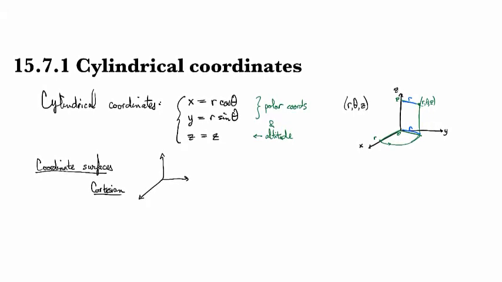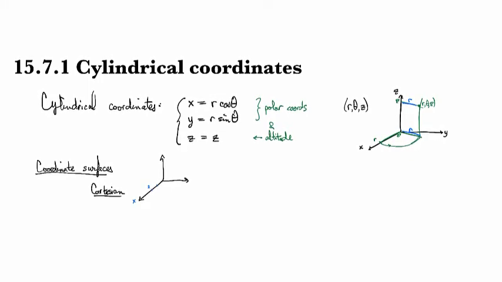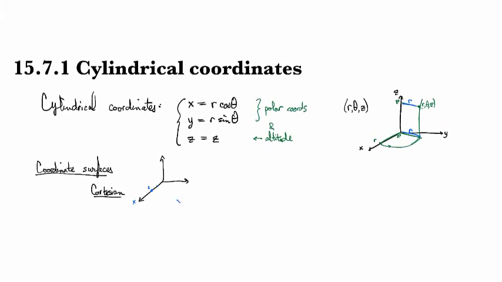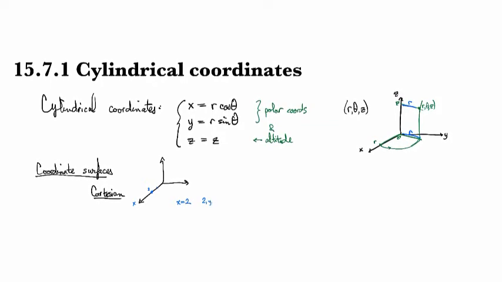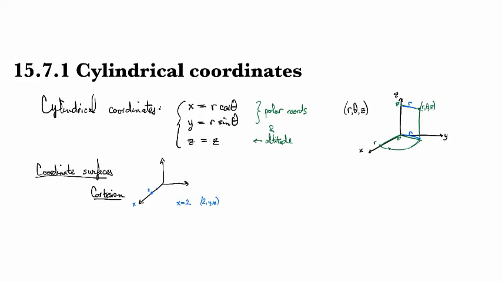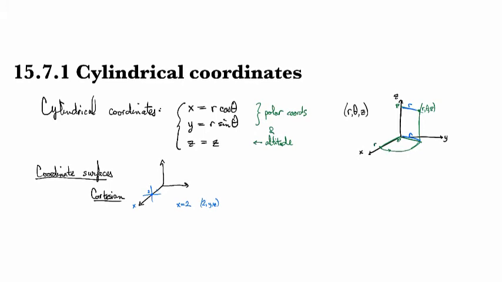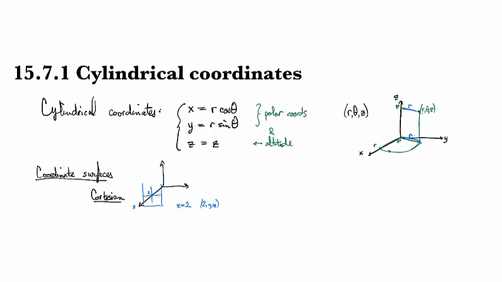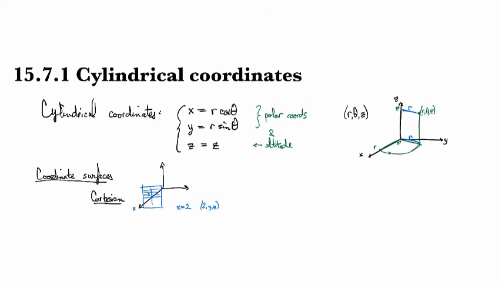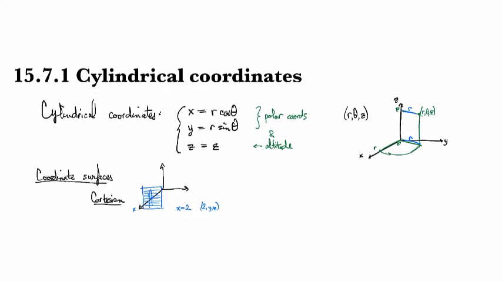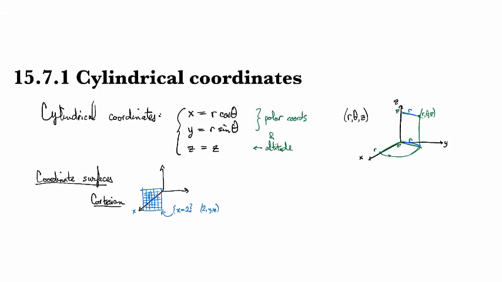If I'm going to sketch x equal 2, then I come out 2 on the x-axis, and x equals 2 is all points that look like 2 and then whatever. I can go in the y direction whatever I want, and I can go in the z direction whatever I want. So in fact there's this whole little plane suspended out here intersecting the x-axis at 2, and that is the coordinate surface x equals 2. So this is the set of all points satisfying x equals 2, right?